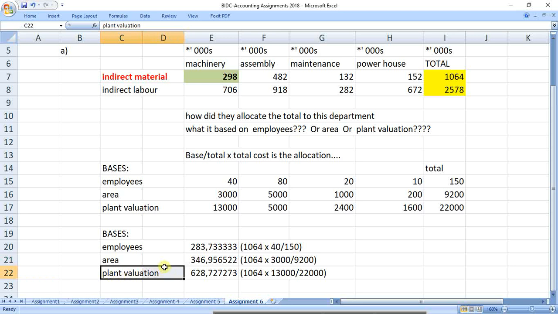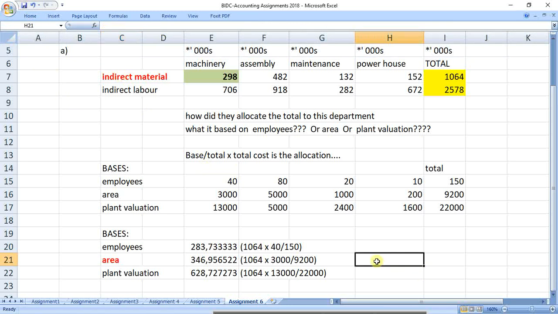You're saying plant valuation. Then you're allocating 628 towards that department based on that. Area valuation. So if the plant is worth more, would they use more material? Or bigger size using more material? I think area would be better. That's what I would go with. That's one.